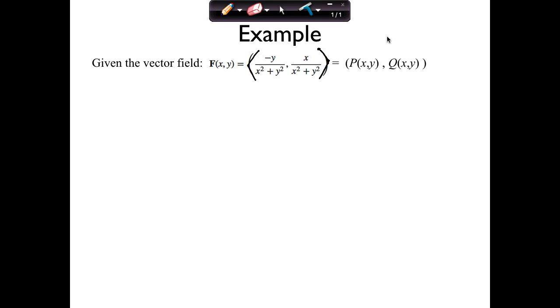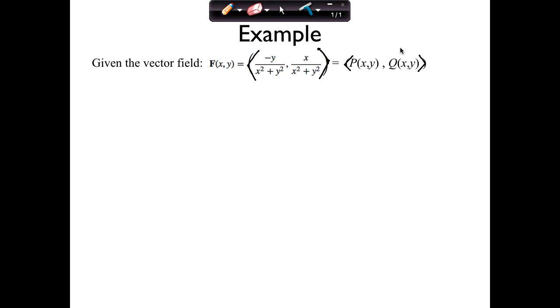Remember what vector fields do: every location gets assigned a vector. That's what a vector field is. Every location x, y gets assigned a vector, and that vector depends on the location, right? Your x component depends on location. Your y component depends on location. And so this is our P, Q.